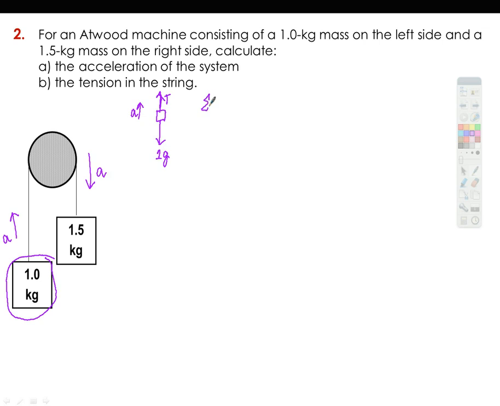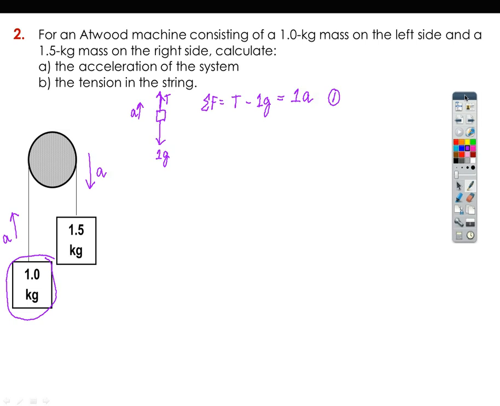So just the same thing, net force will be tension going up positive, and then 1g minus, it's negative because it's going downwards. And since my acceleration is positive, I can put m1, which is 1, multiplied by acceleration that is positive. And this is my equation number 1.